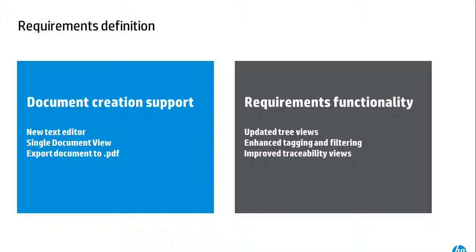And also to provide them with the appropriate perspective or view when they're writing these requirements. Because you might be working on one section or one set of requirements, but you might need to see all of the other requirements that some other folks are working on for a particular release. So I'm going to show you in a minute what we've added into the web client side to better support this.